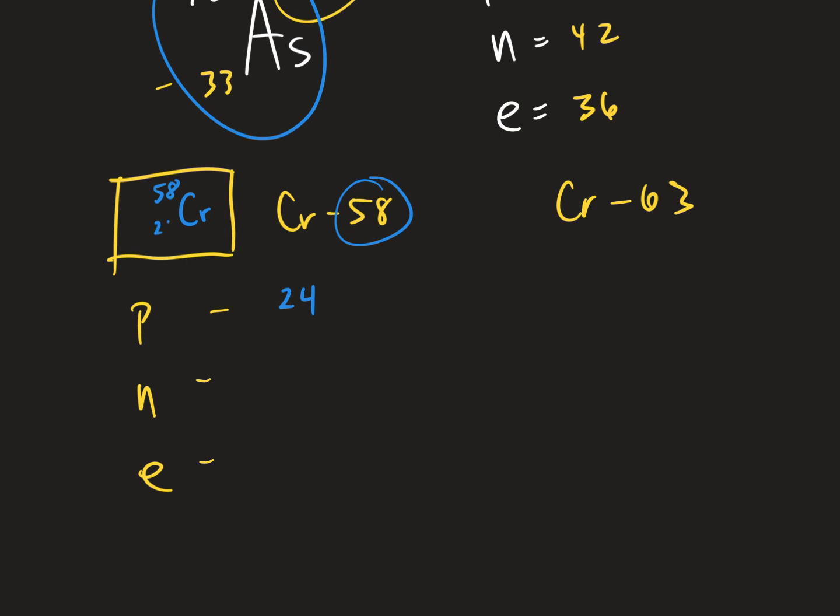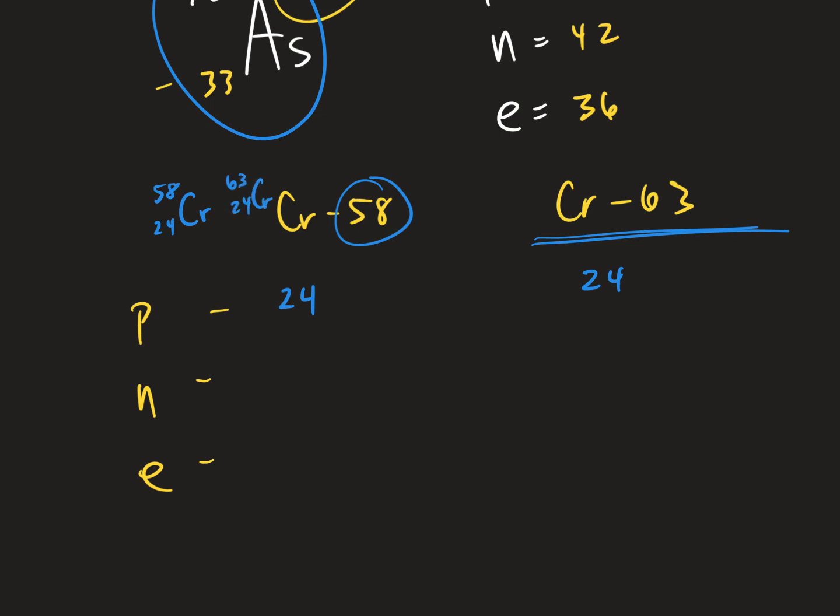And the atomic number is 24. There you go. We can't do this one yet. Or can we? How many protons does this one have, guys? 24. It still has 24 because it's still chromium. So we would do that one. I didn't save room here, so let me add room. This one would be chromium-63.